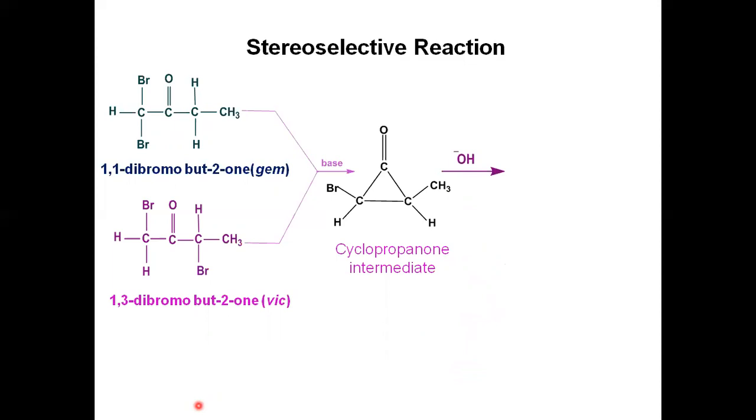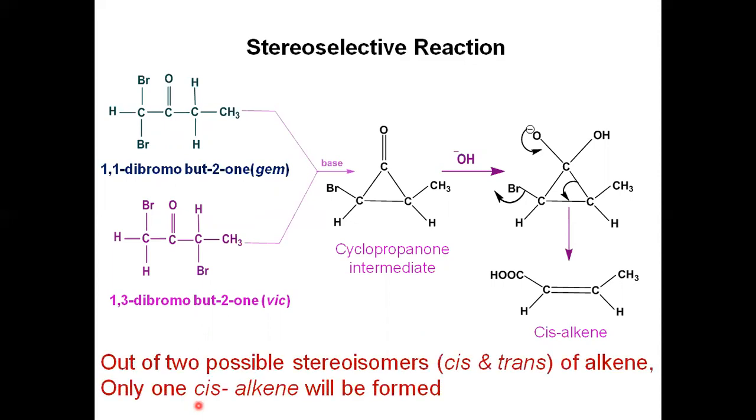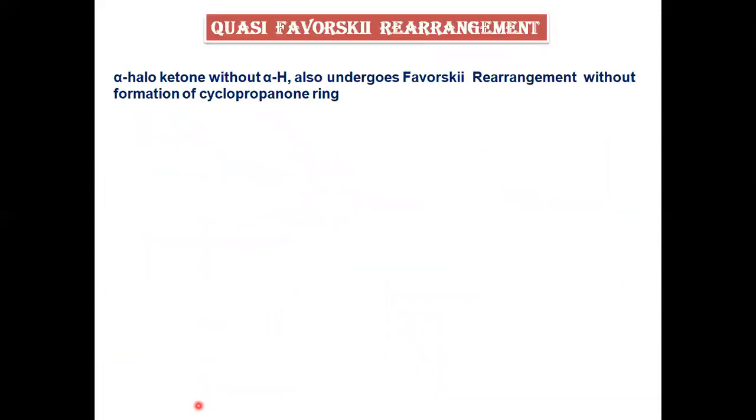When this cyclopropanone intermediate is converted into the oxyanion, after electronic rearrangement it is converted into a cis alkene. Two stereoisomers of alkenes are possible, cis and trans, but only the cis isomer is formed in these reactions. That's why the reaction is stereoselective.